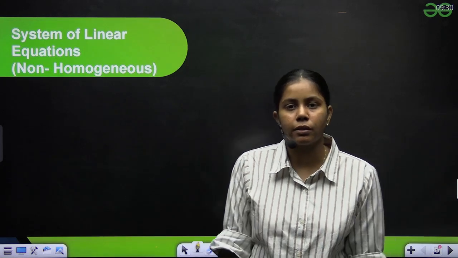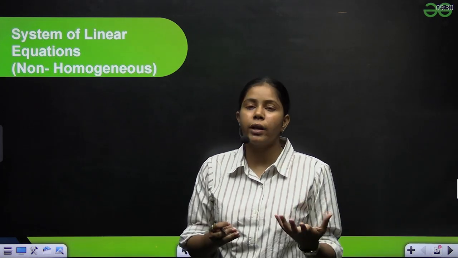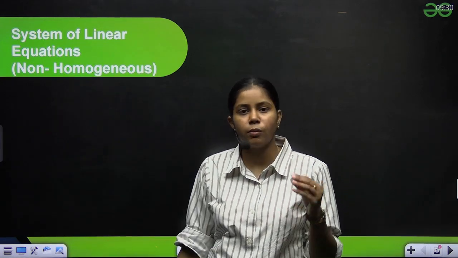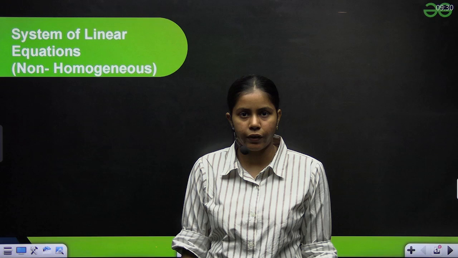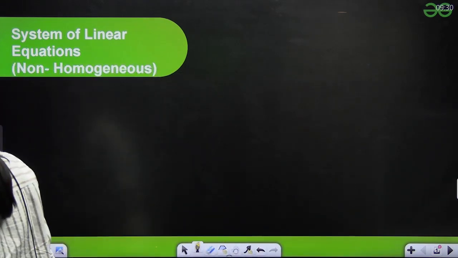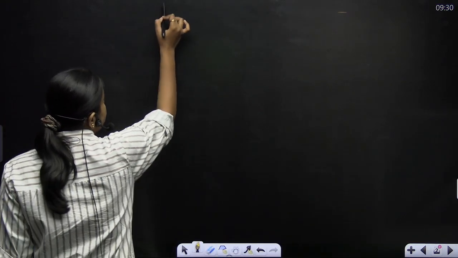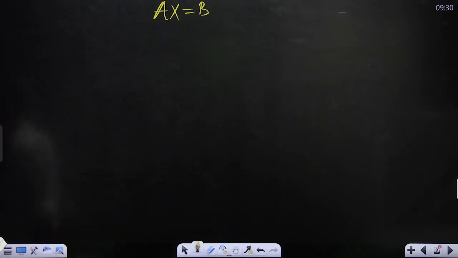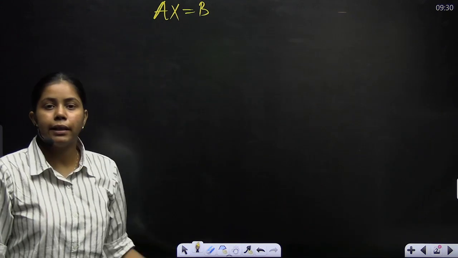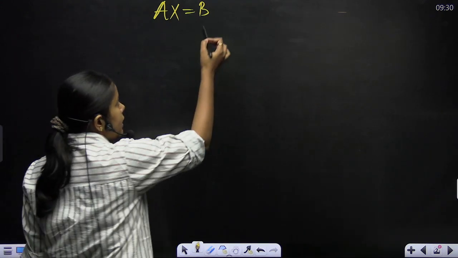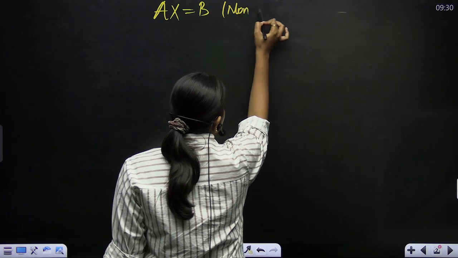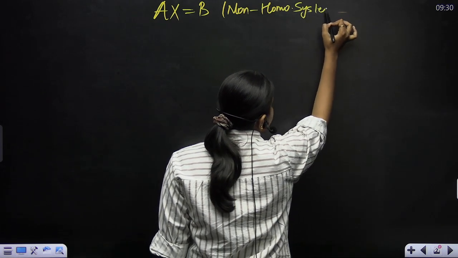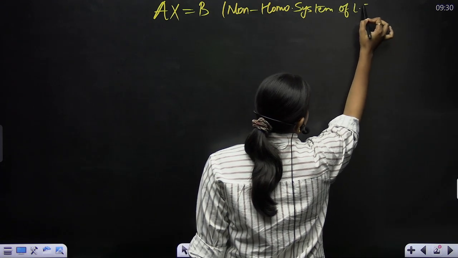system of linear equations. But before that, let's do a quick revision of how a non-homogeneous system of linear equations gets divided into three different types of solution. So we have seen that we can write the system of linear equations in the form Ax = b, and if the right side is not equal to 0, then we call it a non-homogeneous system of linear equations.